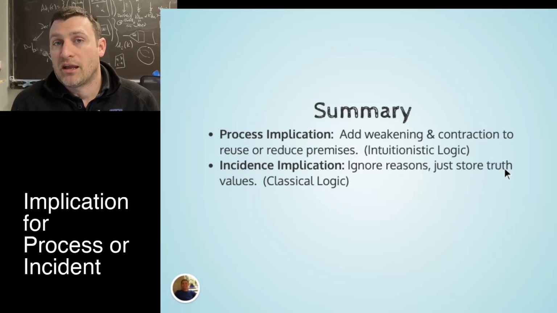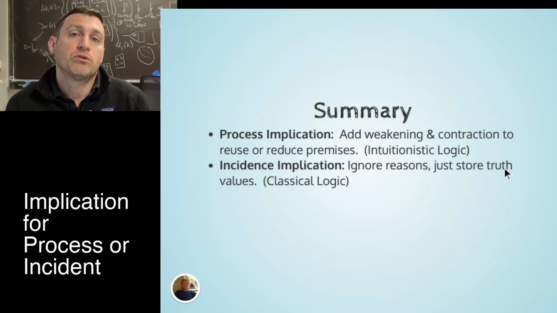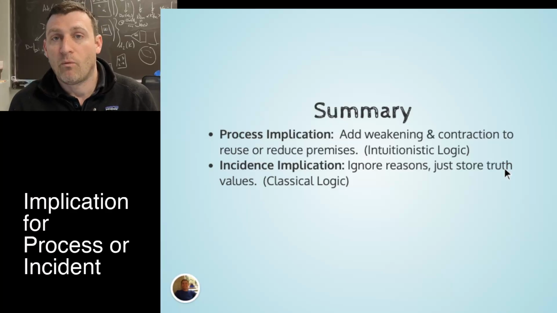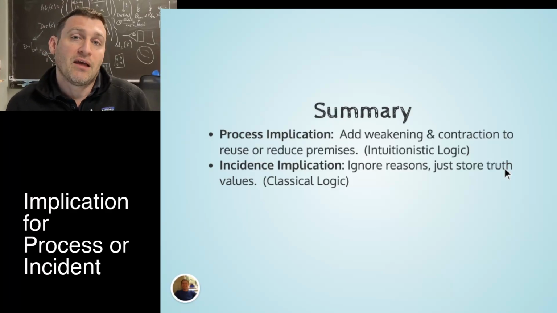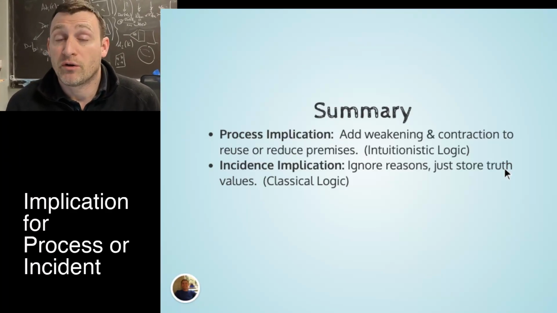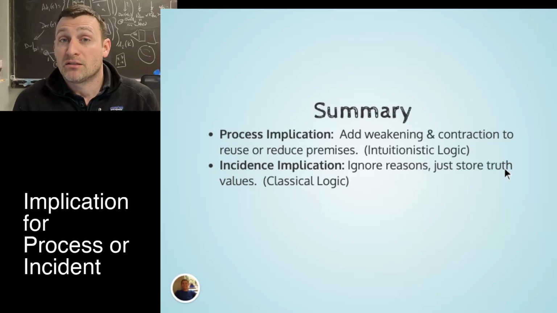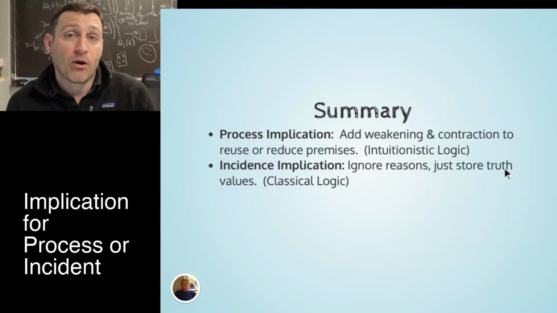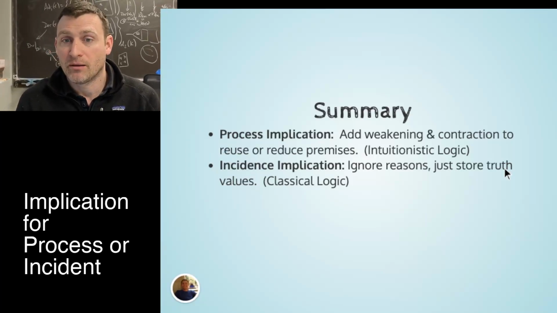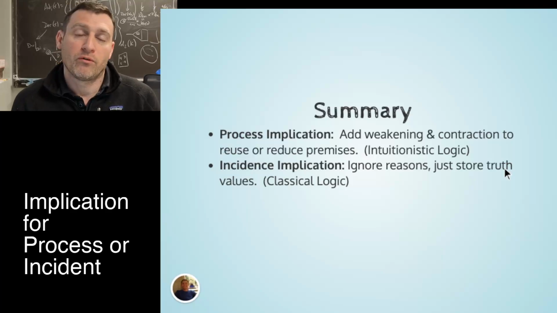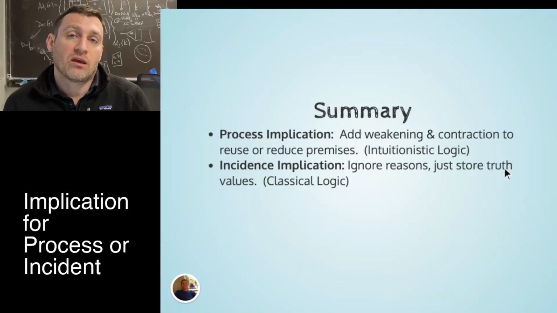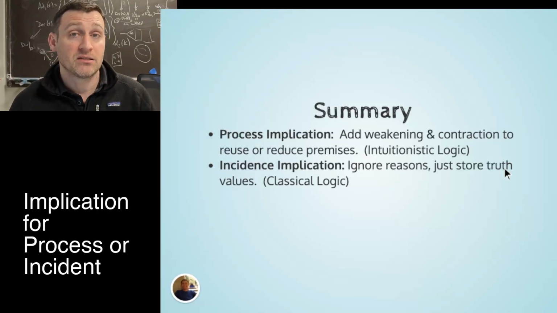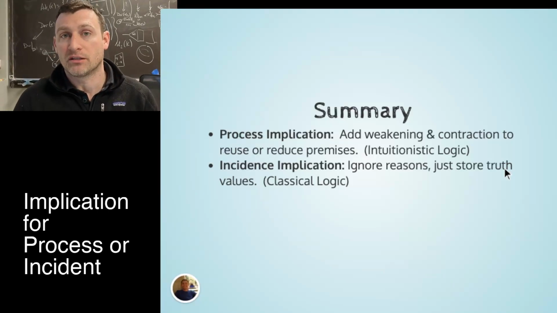A deeper understanding, a scientific discovery, is to produce a process that could explain why one thing leads to another. And then we can move to an engineering component where we get down to the nuts and bolts of how exactly that process uses the resources available. That's the strongest form of implication. So in your thinking, remember that when you first encounter something in the sciences, it's likely to be this incidence-based classical logic that you need.